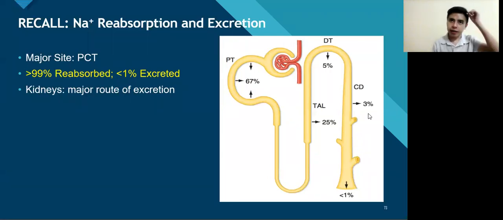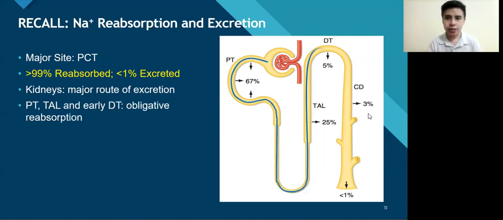As I told you, if our body does not need fluid and we have excess fluid, the kidneys will excrete sodium so that water will follow, to decrease the blood volume and eventually decrease the blood pressure. Remember that in the proximal tubule, thick ascending limb, as well as the early distal tubule, sodium is reabsorbed.